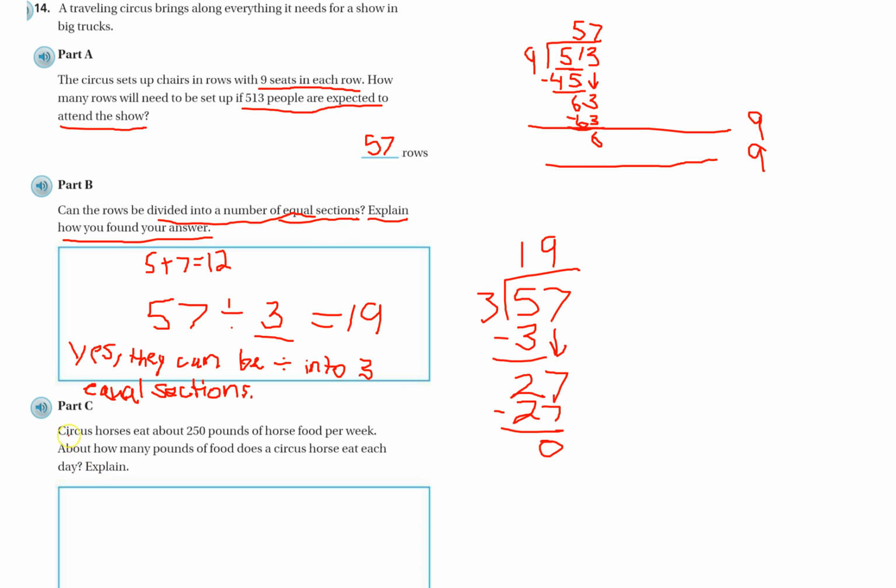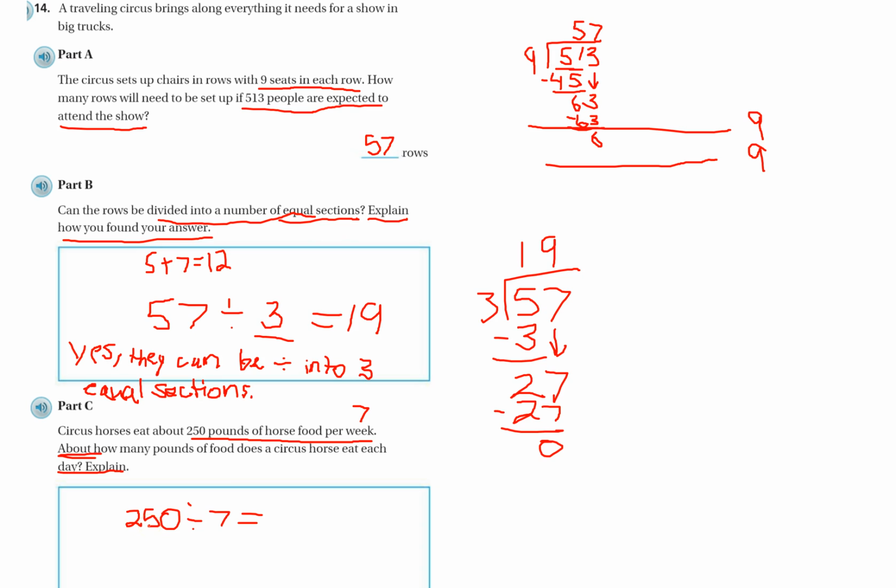All right, part C. Circus horses eat about 250 pounds of horse food per week. Remember, a week has 7 days in it. I'm estimating here, how many pounds of food does a circus horse eat each day? Explain. Well, it's a division problem again. 250 divided by 7.